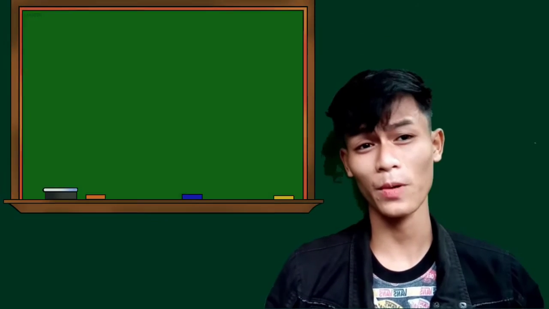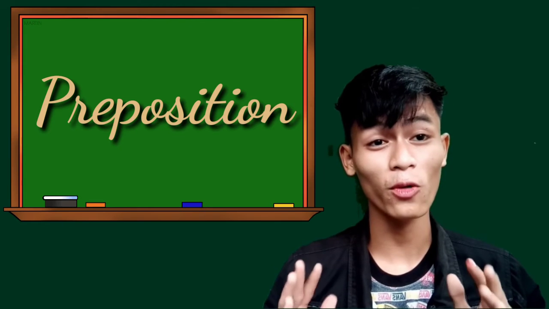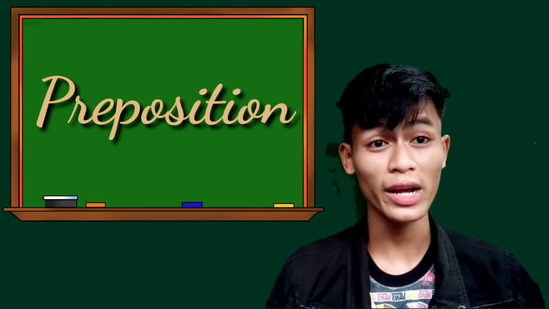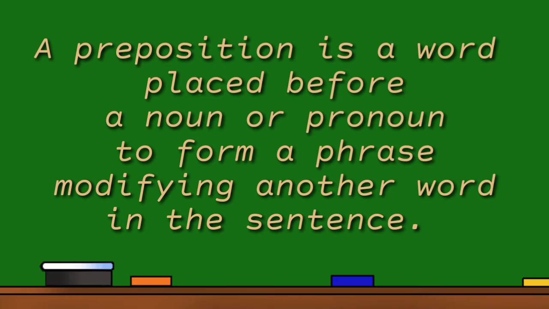Our sixth part of speech is the preposition. A preposition is a word placed before a noun or a pronoun to form a phrase modifying another word in the sentence.